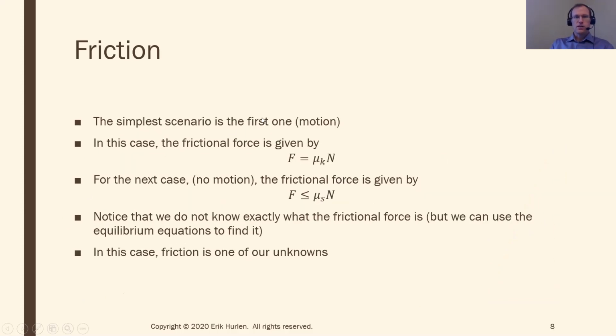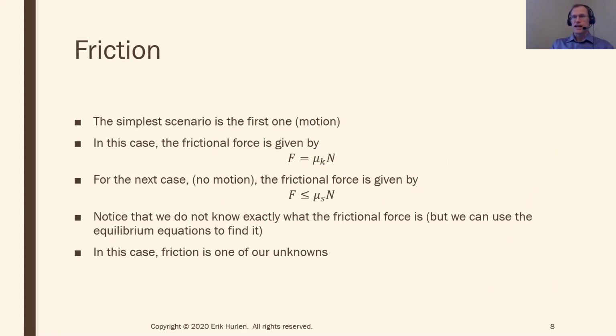So as I mentioned, the first case is the easiest. If you have motion, then your frictional force is just mu k times N. Simplest scenario there. The case of no motion is a little harder because you don't actually know what your frictional force is. All you know is that it has to be less than the maximum value, which is mu s times N. So in this case, friction becomes one of your unknowns essentially.